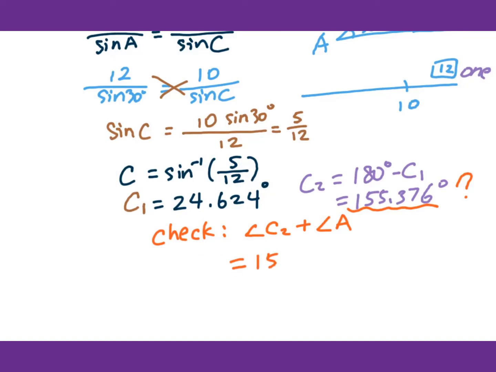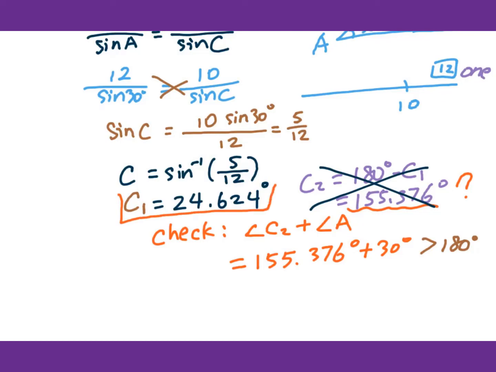So we plug in 155.376 degree, add 30 degree. You know this is greater than 180, which means C2 and angle A cannot form a triangle. Therefore, this is gone. We only have one solution.